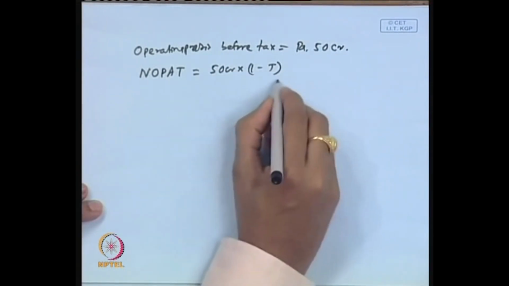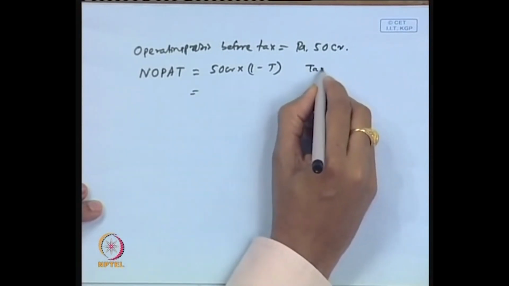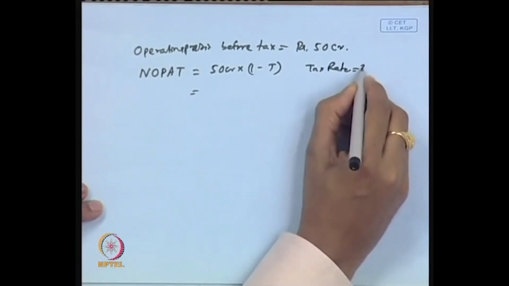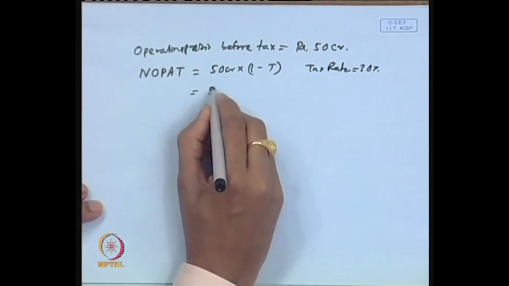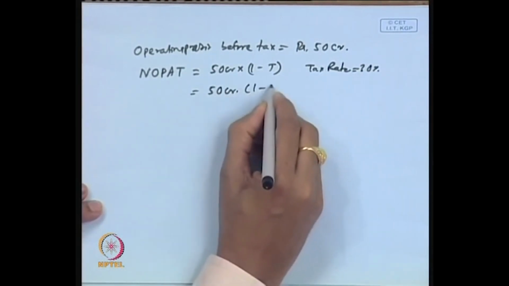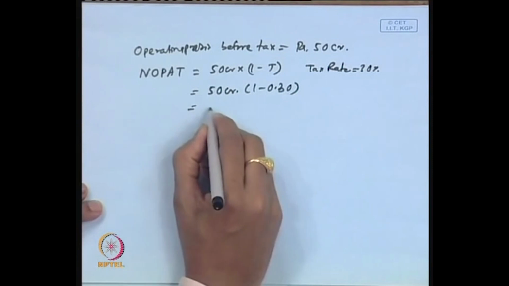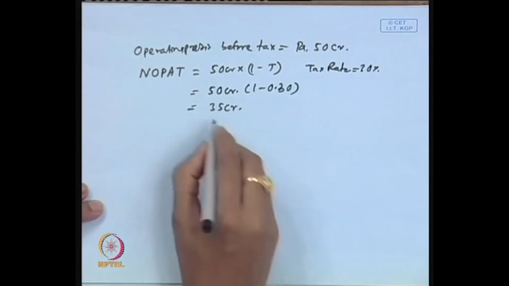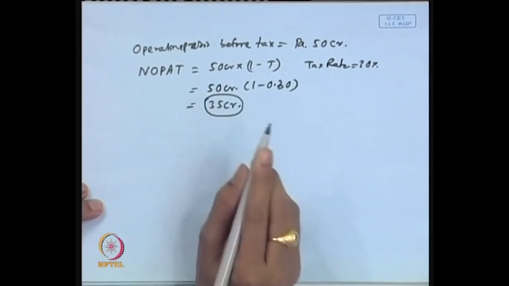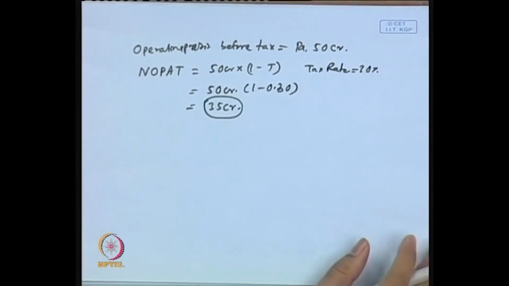So, if the tax rate, let us say, is 30%, the operating profit now becomes 50 crore into 1 minus 0.30, that becomes 35 crore, the net operating profit after tax. So, this is the way the operating income is found out and the tax is taken care of.